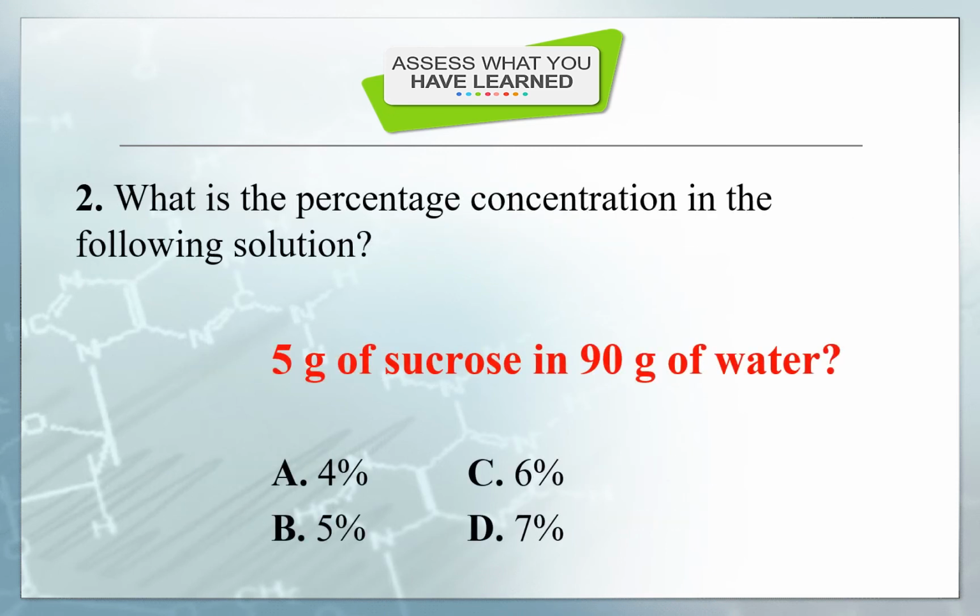Number 2. What is the percentage concentration in the following solution? 5 grams of sucrose in 90 grams of water. A. 4%, B. 5%, C. 6%, D. 7%.